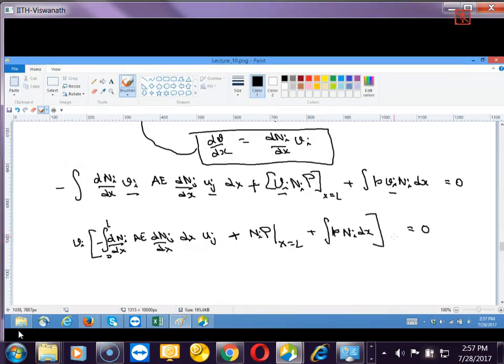Now we know that vi's are not necessarily equal to 0 at all the places. So when can we have a stationary value of this function equal to 0? The best thing is this equals 0, which is a trivial solution. But we don't want a trivial solution. We want a non-trivial solution. For a non-trivial solution, this bracket fellow has to be equal to 0.